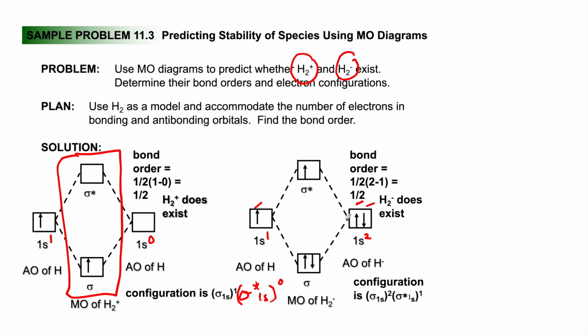For the second one, the electron configuration is sigma 1s 2, because we have 2 electrons, followed by sigma star 1s 1. This is the electron configuration for H2 minus.